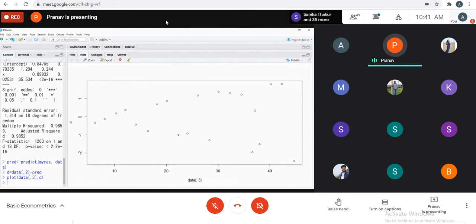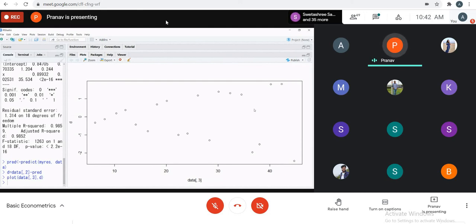So what we notice here is that for higher values of x, that is, for higher values of family income level, the error term or the residuals from the regression equation also increase.